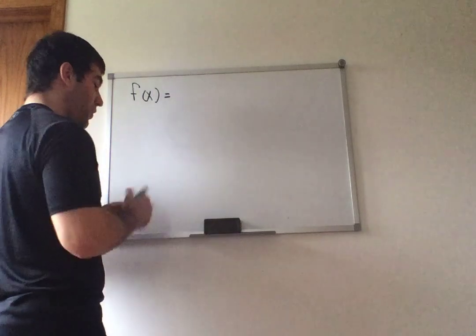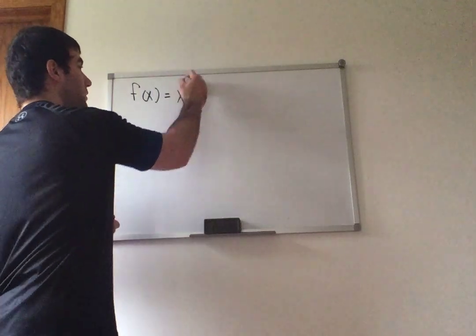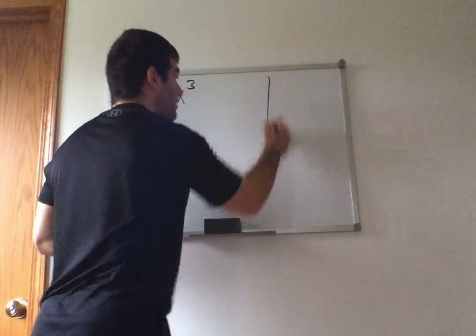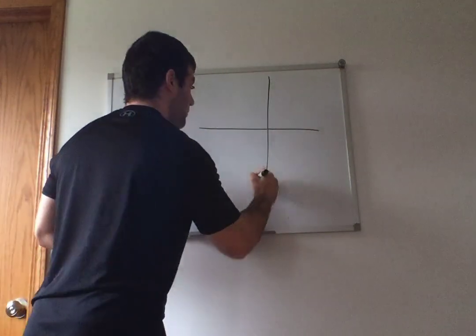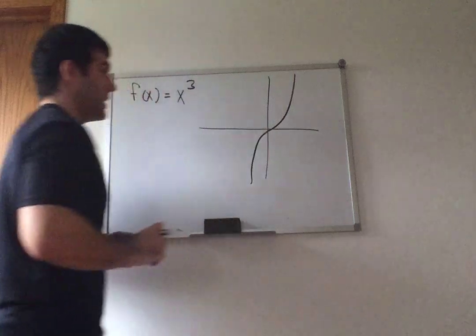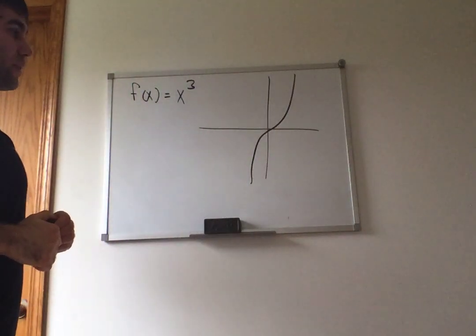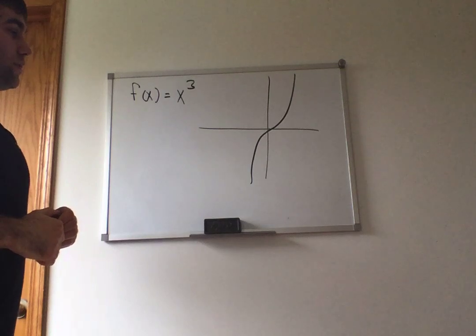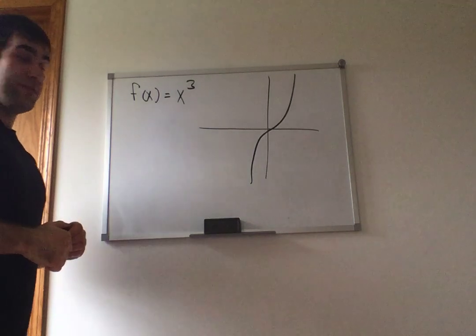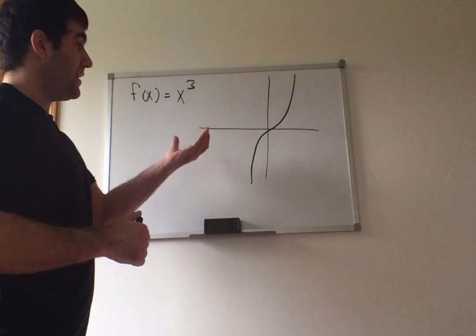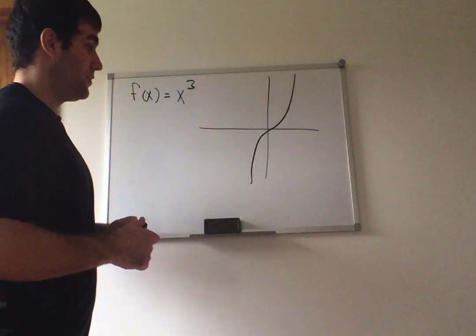Now we're going to look at another one. X cubed. Let's look at the graph of x cubed. So something like that. Nowhere on this graph do you have any valleys or any hills.